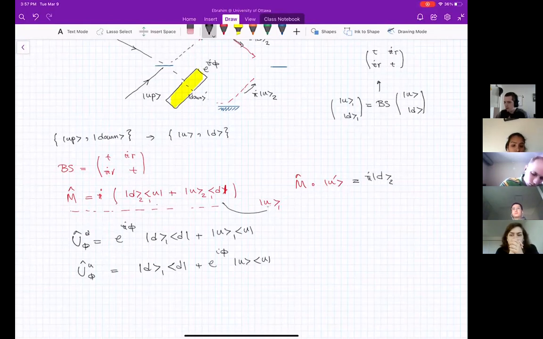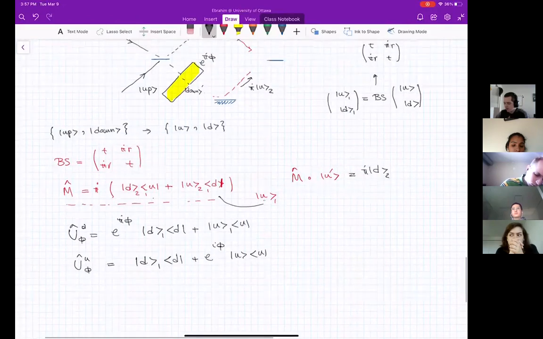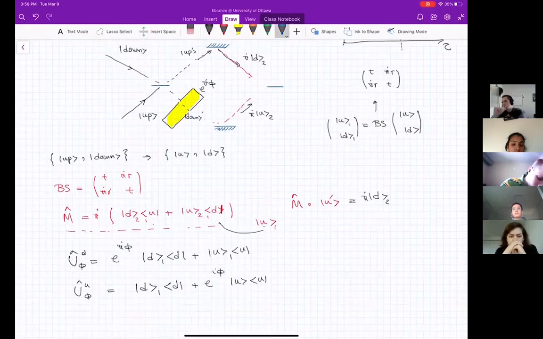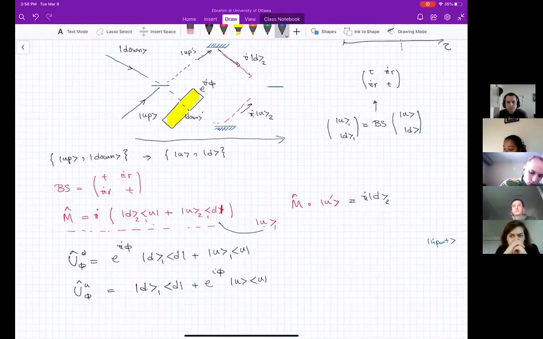Let's build that up. So you do have an input state, let's call it input, right? We go from left to right on the setup. And we will apply the actions that we do have.